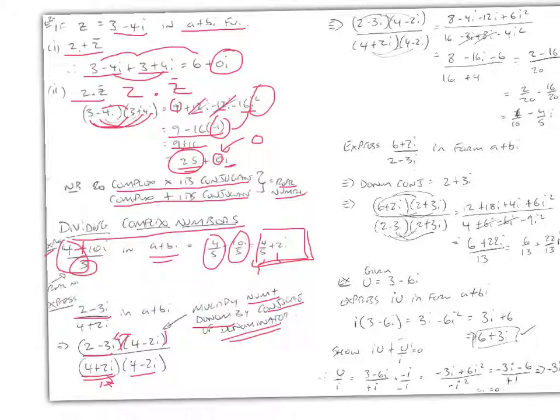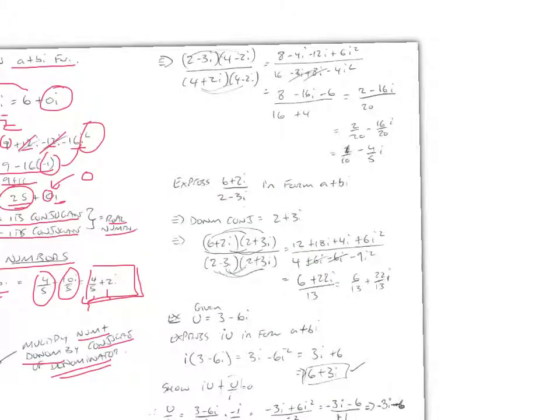Okay? So if you multiply this by this and this by this, you should end up working towards 2 minus 16i over 20, and that's the same as 2 over 20 minus 16 over 20i, which is the same as 1 over 10, the real part, minus 4 fifths i, which is the imaginary part.